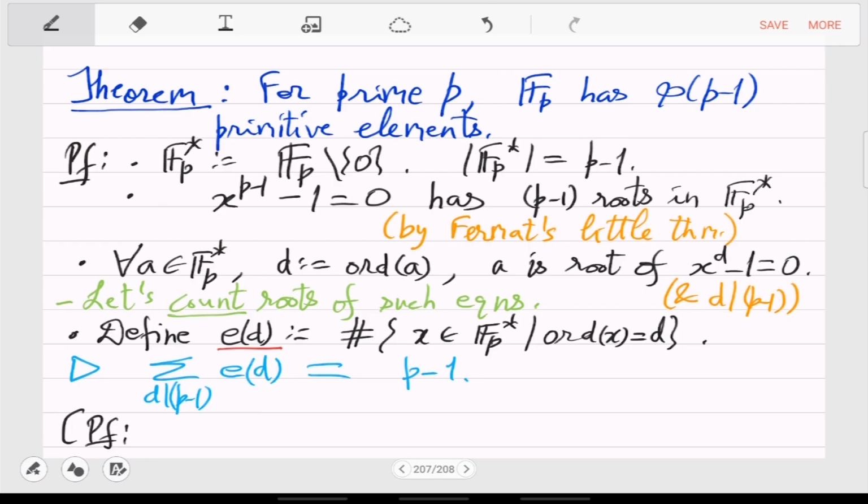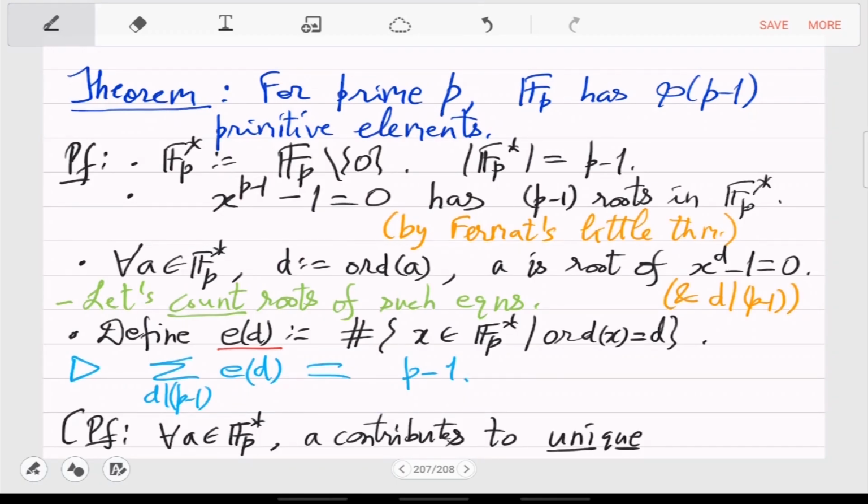you take any element A in Fp star. A contributes to a unique E_D, for a unique D. The reason is that you take any element in Fp star, let's say 2, then where is 2 being counted in the sum on the LHS?